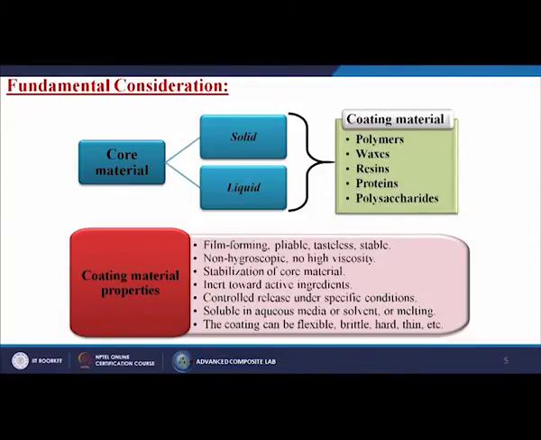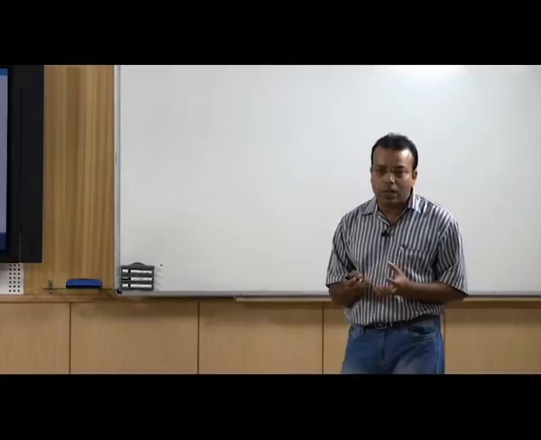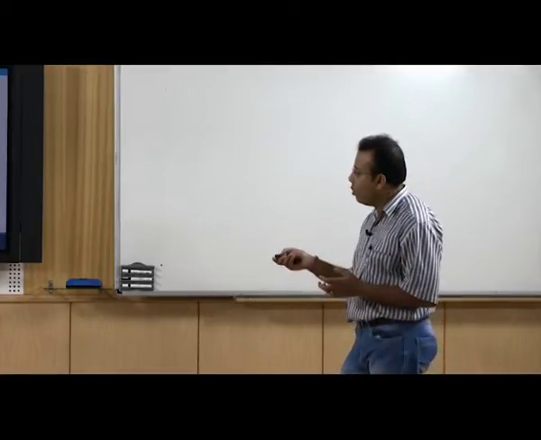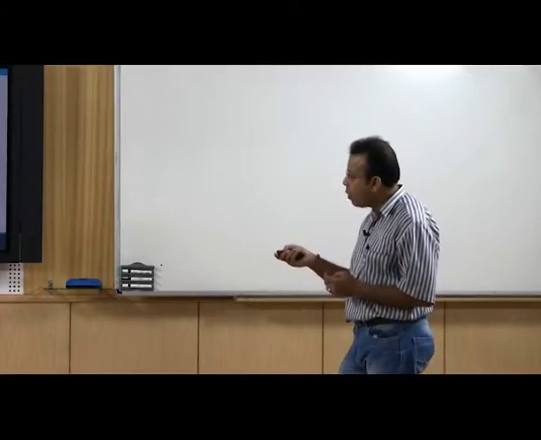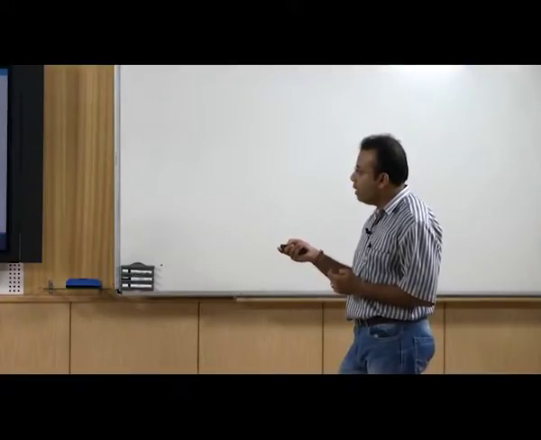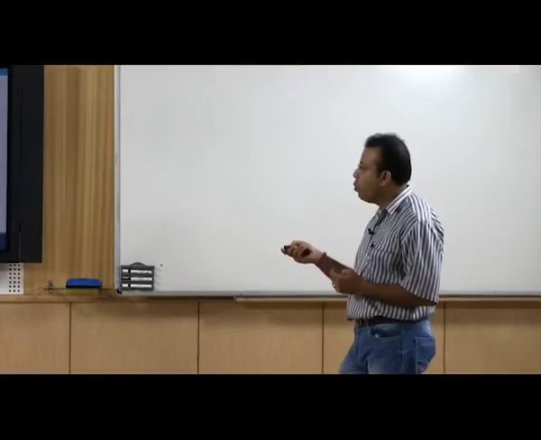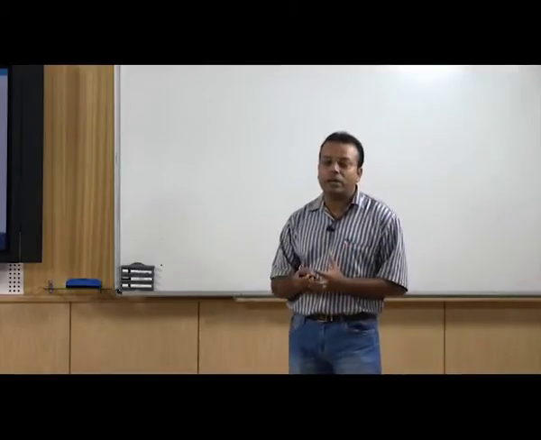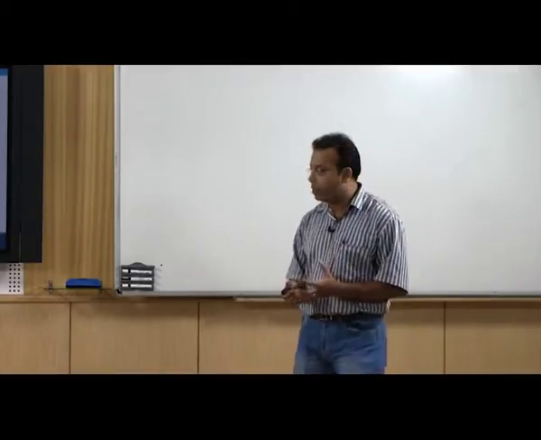Then the coating material properties. While choosing the coating material, we keep all these things in mind. The first is film forming, pliable, tasteless and stable. Then non-hygroscopic, no high viscosity, and stabilization of the core material so that it doesn't change with environmental conditions.